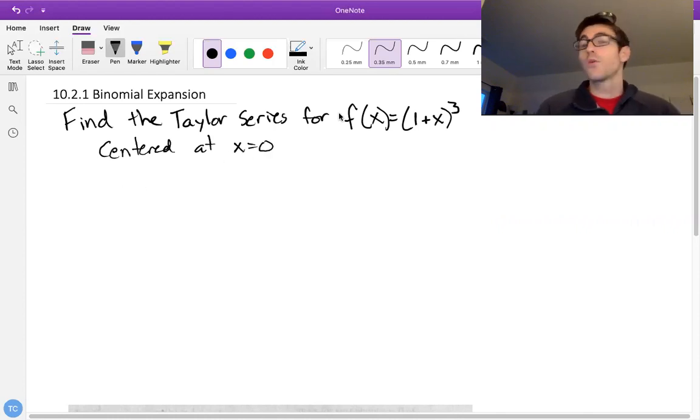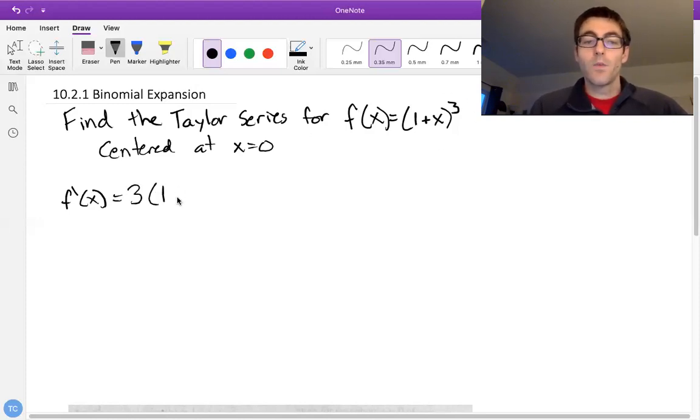Okay, so in order to find this, we need to know what the derivative of this function is. Well, the derivative, we can use the power rule. We can bring down the 3, and it's 3 times (1 plus x) squared times the derivative of the inside. That just ends up being 1, so we can sort of leave that part alone.